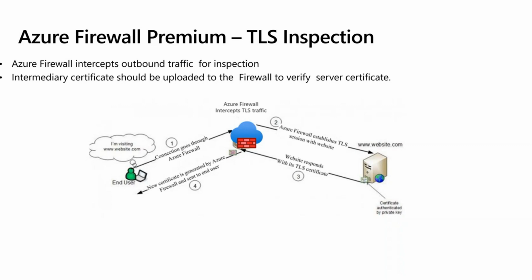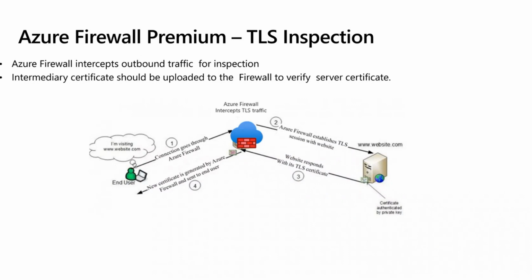If you have your enterprise CA or PKI infrastructure, you create an intermediary certificate and put it on the firewall. The certificate does not directly stay on the firewall, so you put the certificate into Azure Key Vault and then link Azure Key Vault to the firewall. That way, your certificate is secure in the Key Vault. Azure Key Vault is a service just to secure all your certificates and secrets.